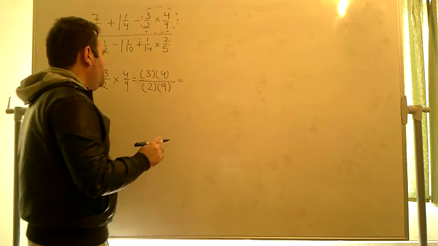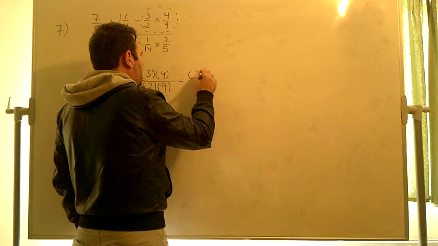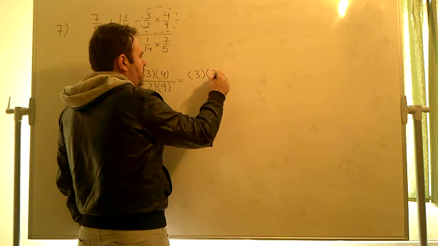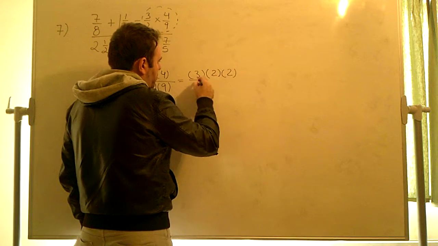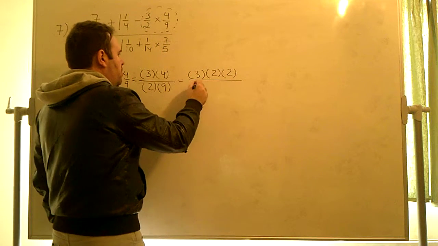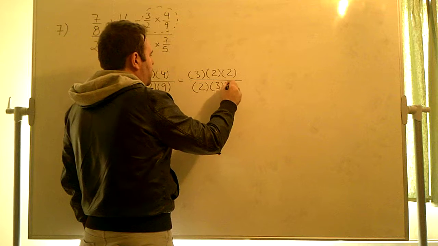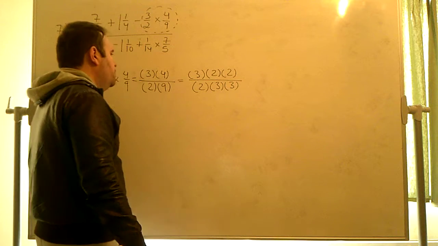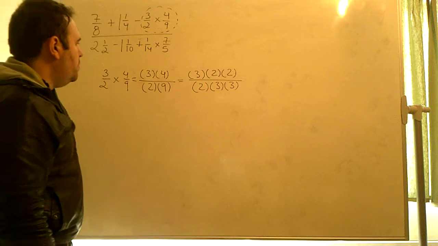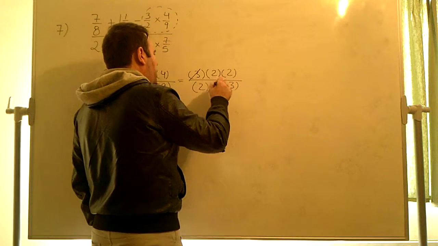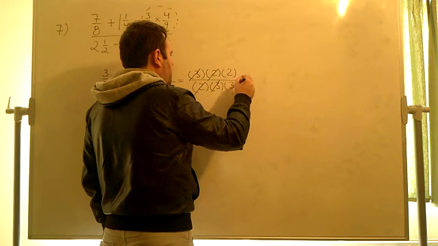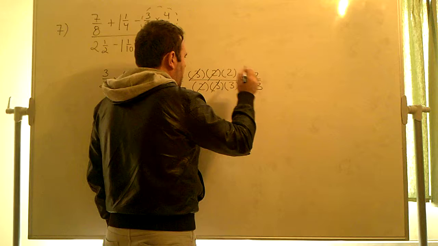Now, we'll have here 3 times 4, which is equal to 2 times 2. And then we leave this 2 like this, and then 9 is equal to 3 times 3. So 3 divided by 3 is 1, and 2 divided by 2 is 1, so this will be 2/3.